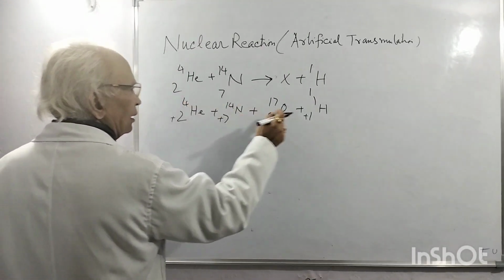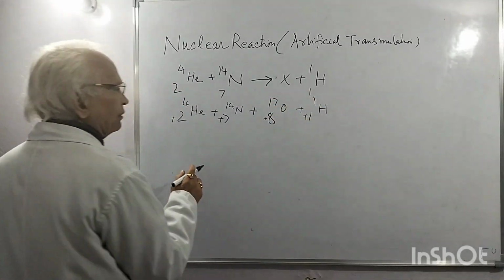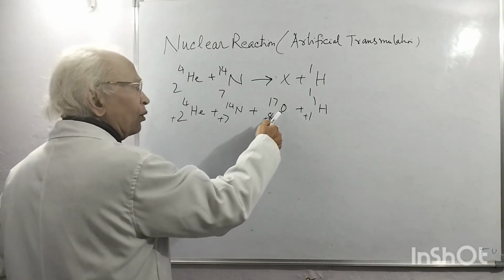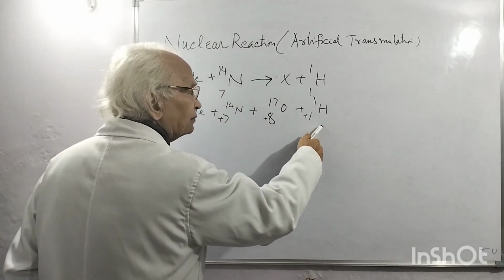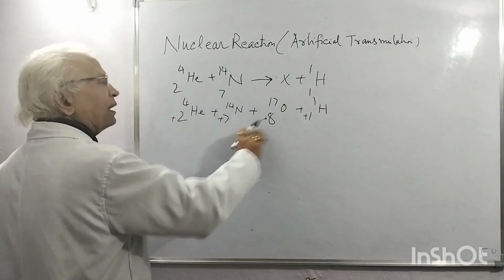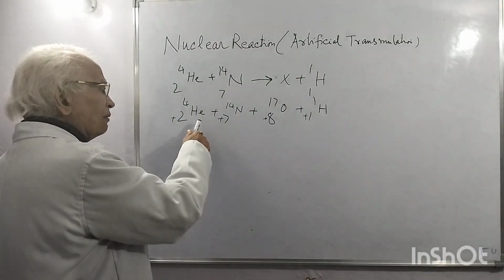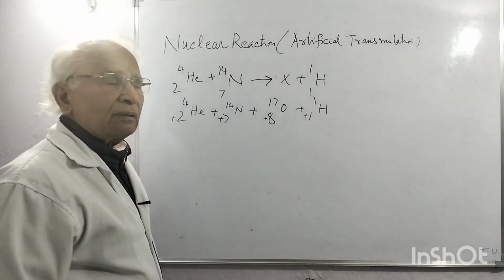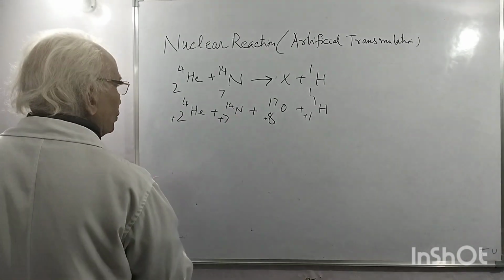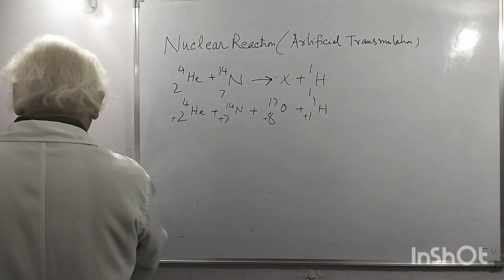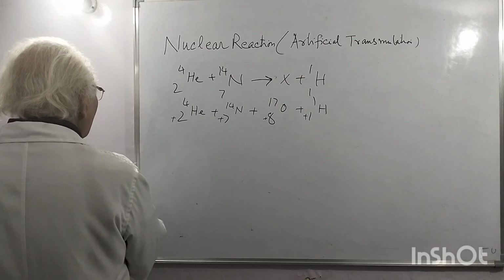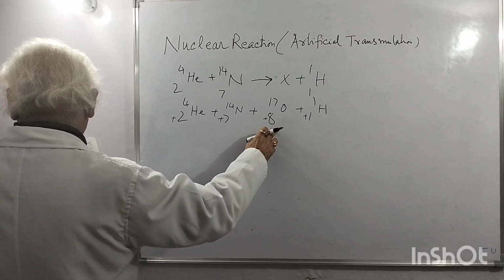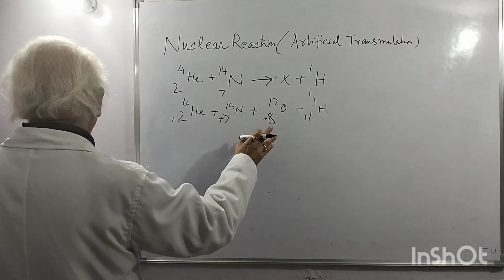Mass is 14 plus 4, 18, and 17 plus 1, 18, so mass is conserved. So an alpha particle interacting with nitrogen gives oxygen-17 and an emitted proton. This was the earlier transmutation, the conversion of nitrogen into oxygen. So artificial transmutation means conversion of one system into another by selecting a proper target and projectile, and this process is known as a nuclear reaction.